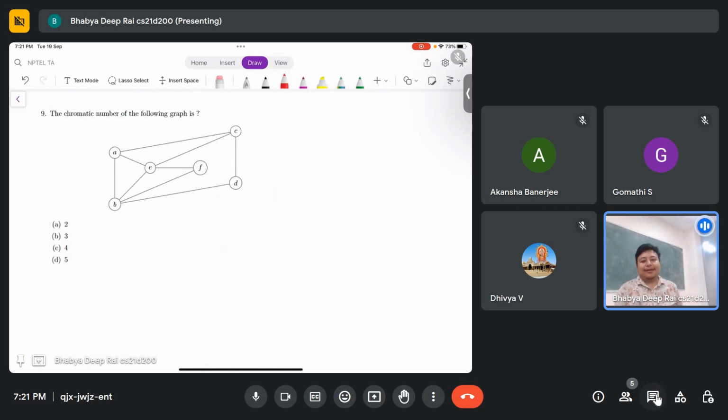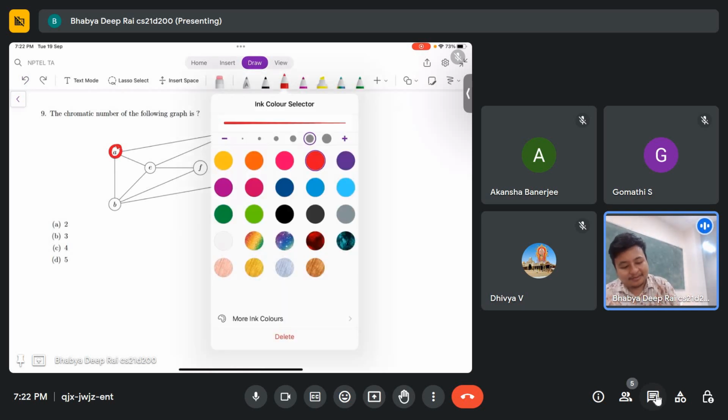Okay, good. Yeah, that's a great answer. So let's try it. Let's say I just color this one red. So immediately C and B I cannot color red because it would not create a proper coloring. Two adjacent same colored vertices would be there. So let me choose green.